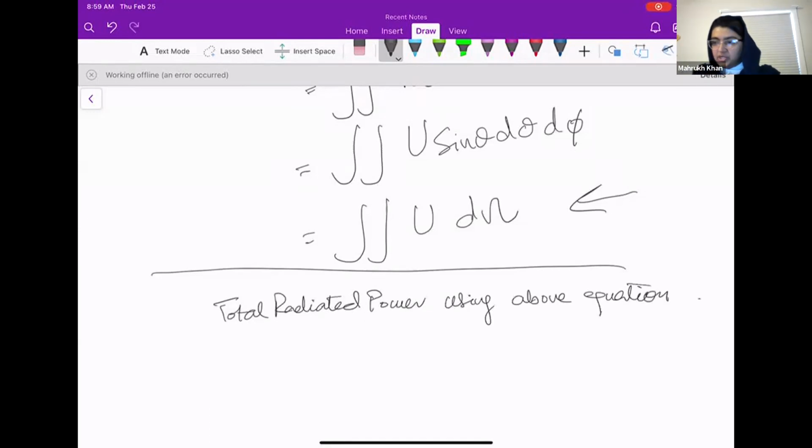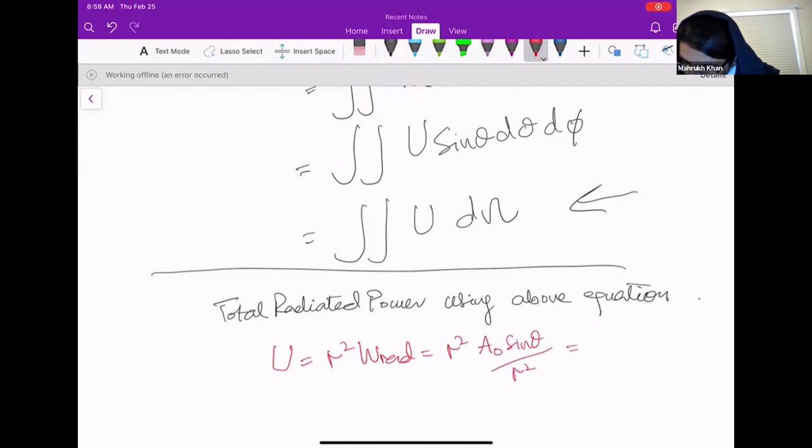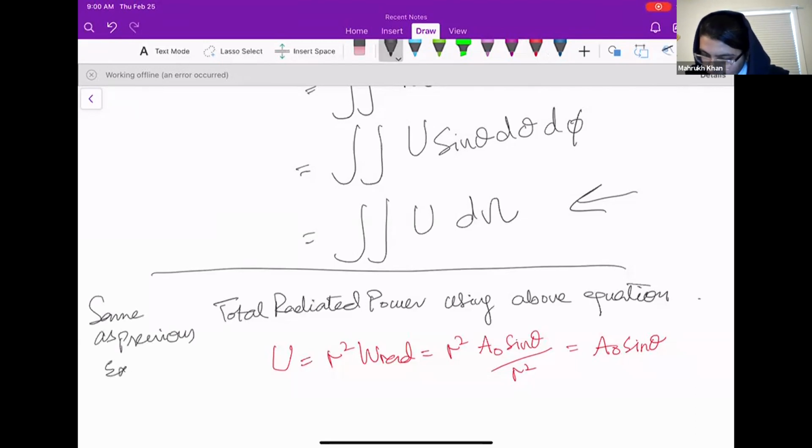I think nothing will change except that now your W rad, which was previously, will become now this, and when you solve it, it should give you the same answer.